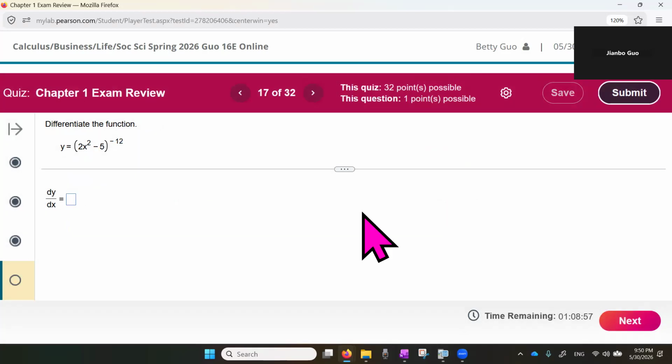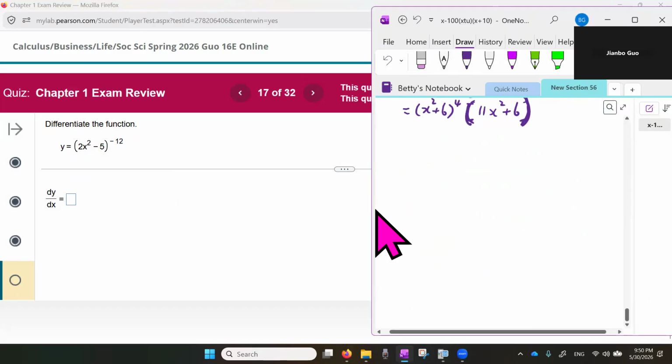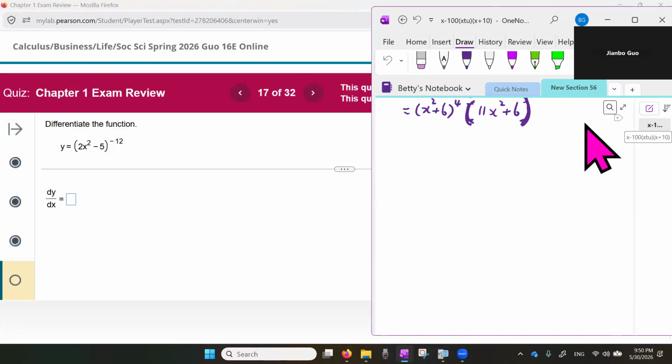Differentiate the function. We use the chain rule for this one, okay? Obviously, this is a composite function. You can see it as two layers, with the inside function a quadratic function and the outside function a power function.